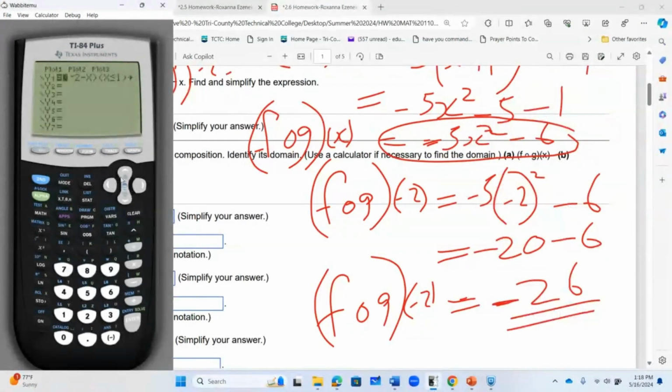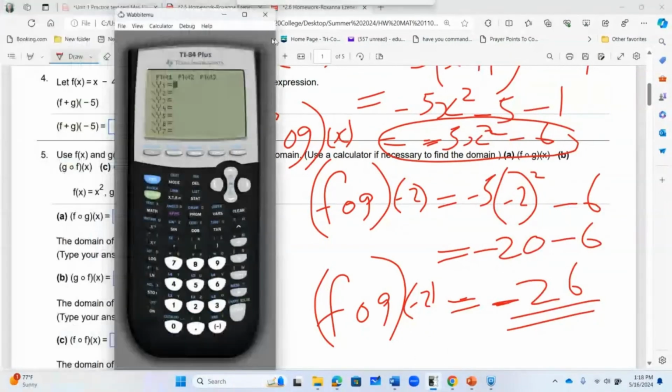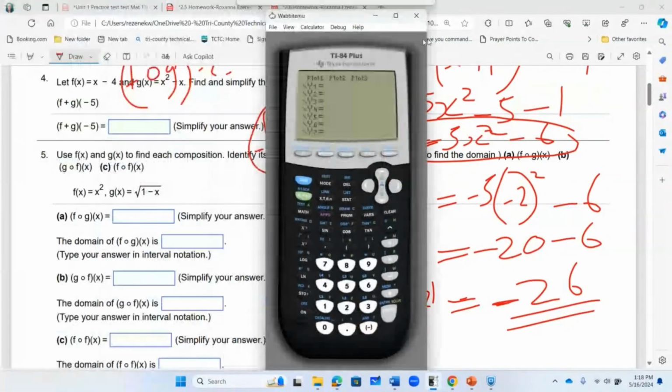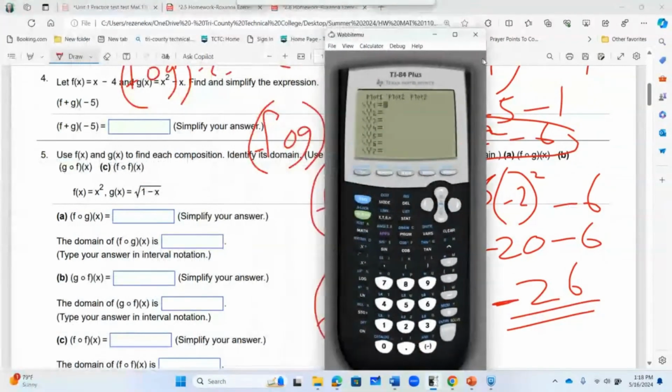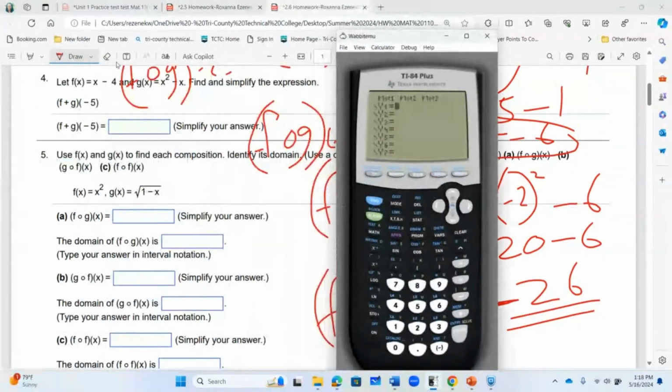Go to y equals and clear my y1. And I'll put f of x in y1.